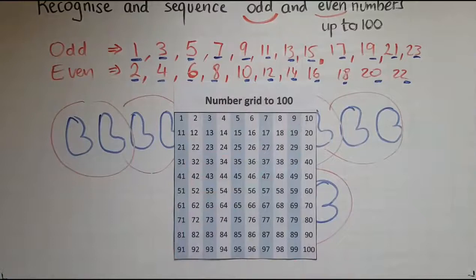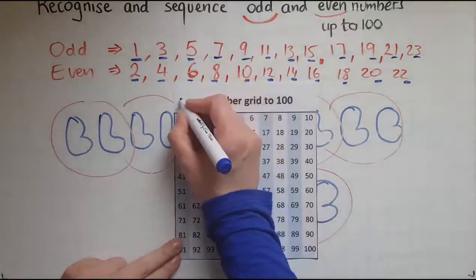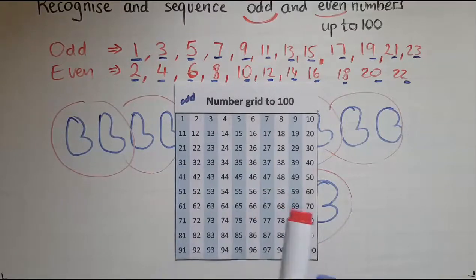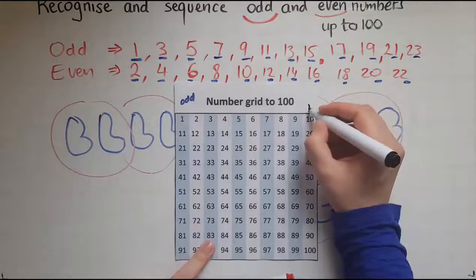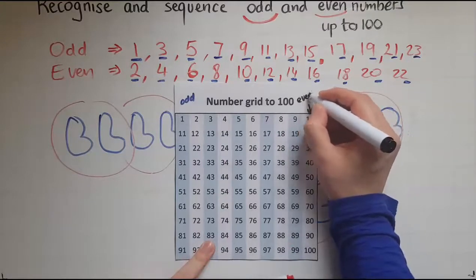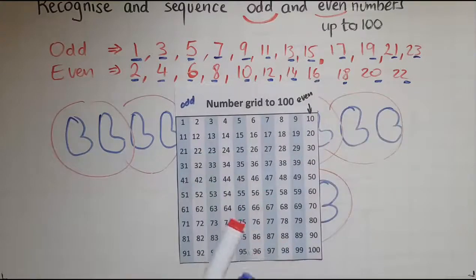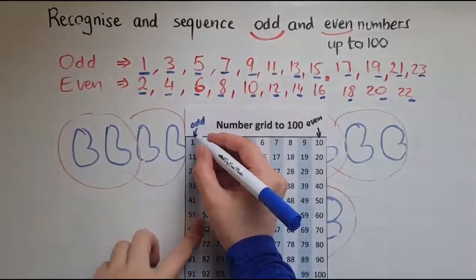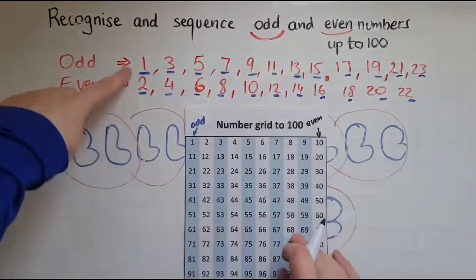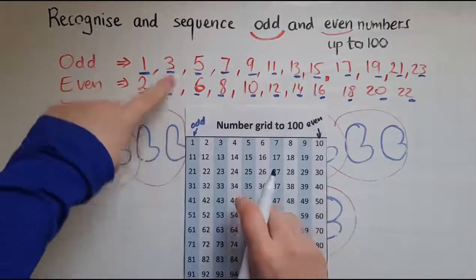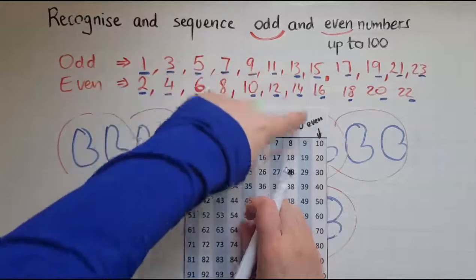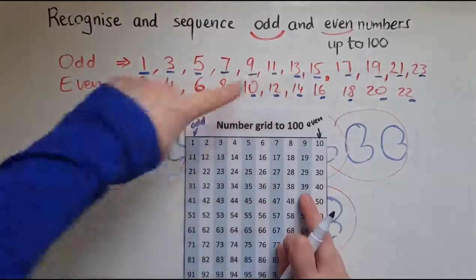So the blue ones are odd, whereas the white ones are even. So all these numbers that we saw here, 1, 3, 5, 7, 9, then we have 11.